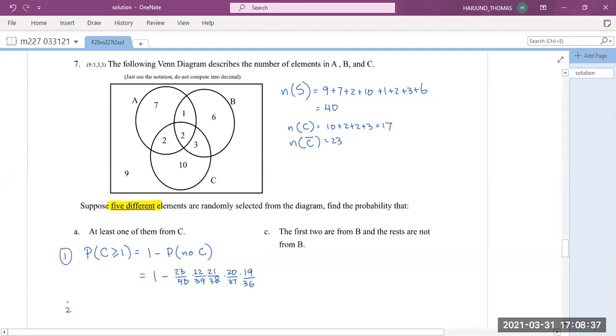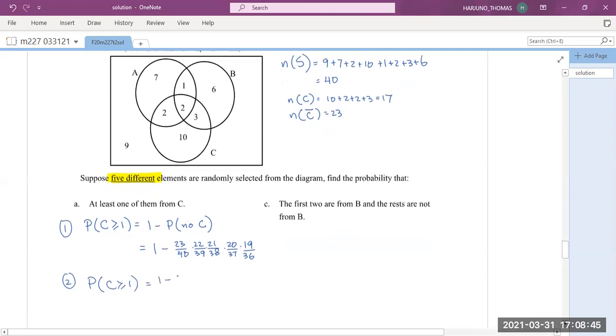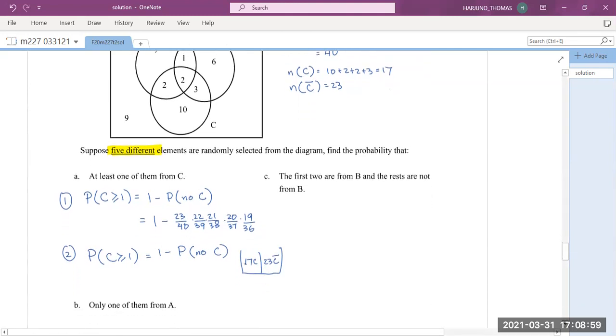The second way to do it is at least one is 1 minus probability of no C. Now we look at that way. Imagine that Venn diagram now becomes 17 C and 23 not C. Now, what is the probability you get nothing from here and all 5 from here?